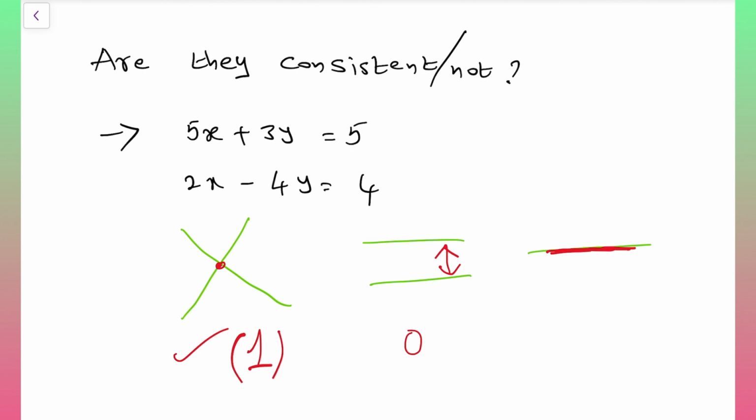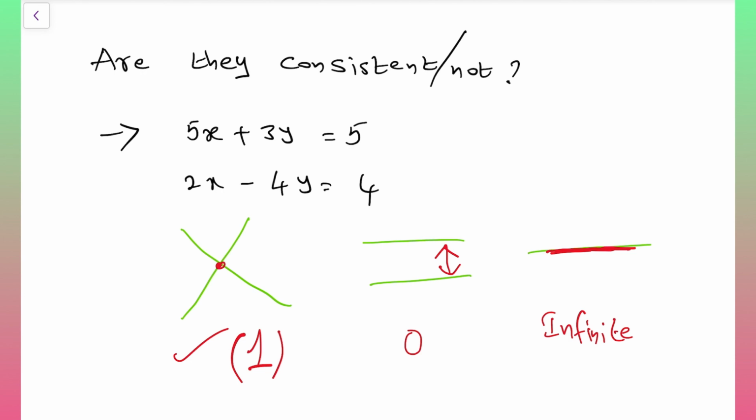In these coincident lines, we will have infinite solutions.